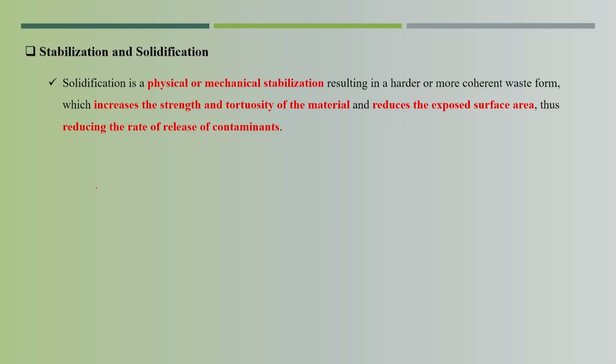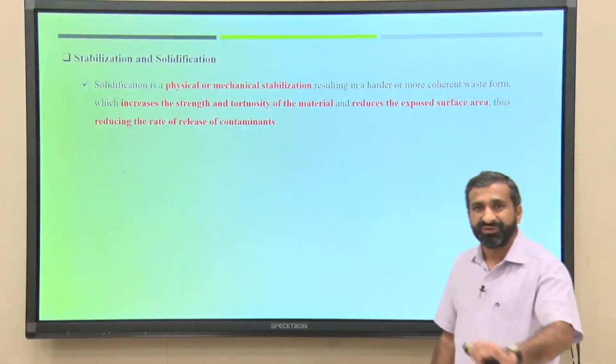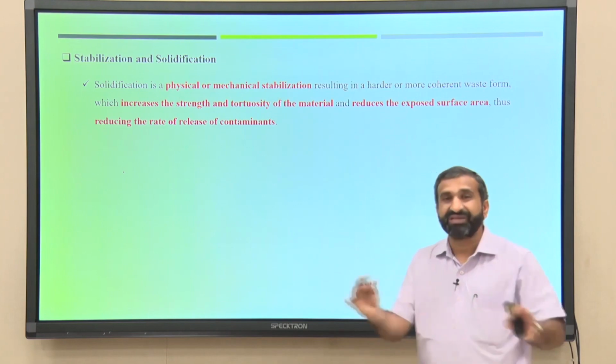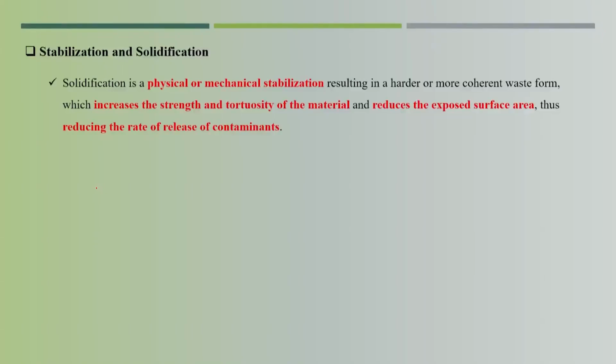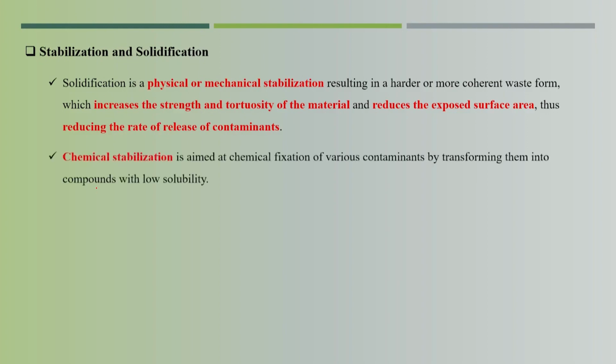That is the one target I was talking about, to reduce the leachability. Leachability is possible when more surface area is available. So, if by this technology you are able to reduce the exposed surface area, obviously the rate of release of contaminants will also be reduced.